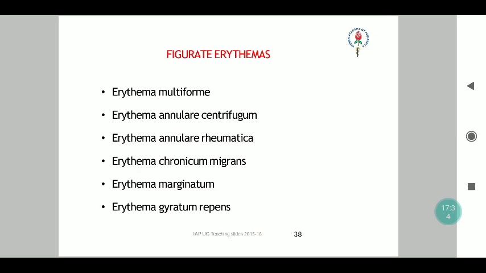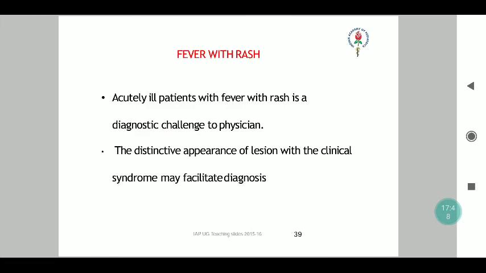Now coming to the figurate erythemas, these include erythema multiforme, erythema annulare centrifugum, erythema annulare rheumatica, erythema chronicum migrans, erythema marginatum, and erythema gyratum repens.